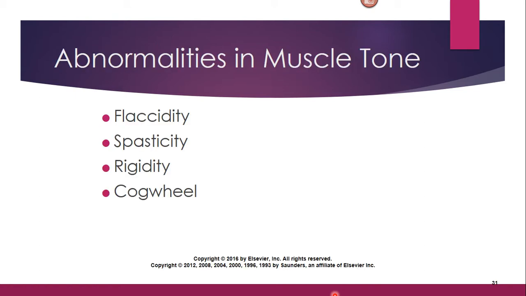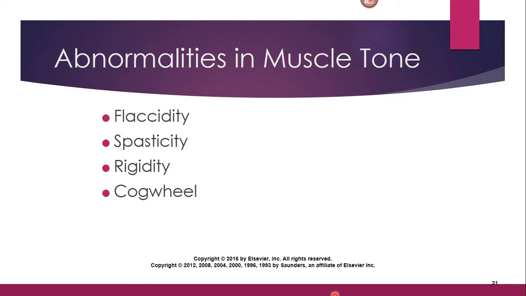The next few slides are going to be talking about abnormalities that you see, and the point I want to make here is that it goes through different muscle tone, muscle movement, things like that. Most of the time, I don't diagnose patients with this. They have it because they have another issue.